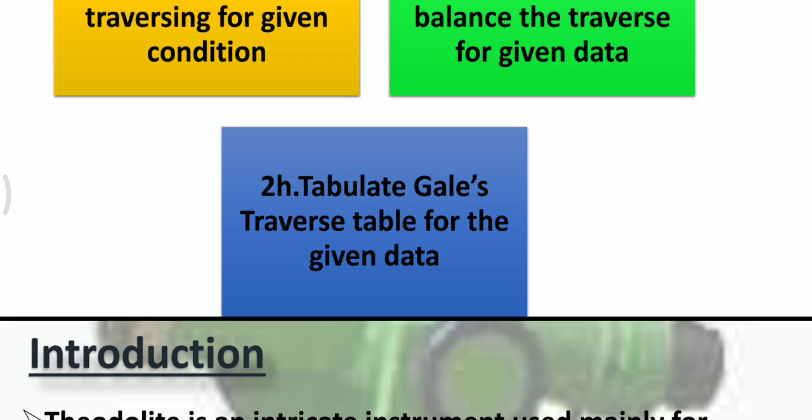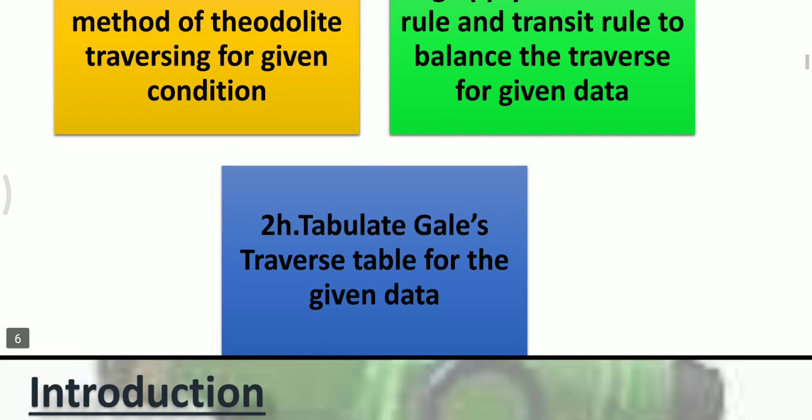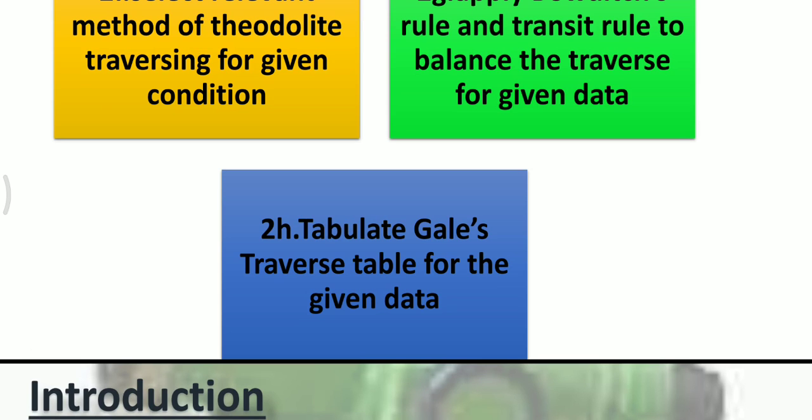So the field data and calculated data are present in one tabular form. This table is Gale's traverse table. When we study unit number 2, we understand what is meant by Gale's traverse table. So these are the outcomes of the unit.